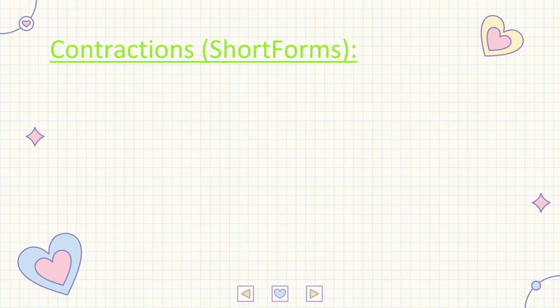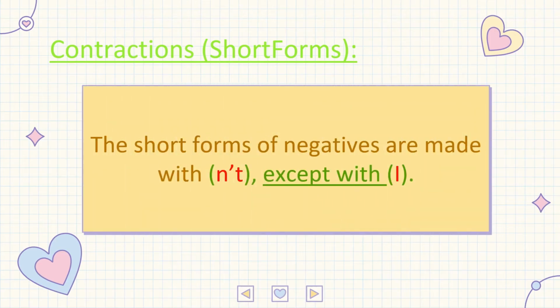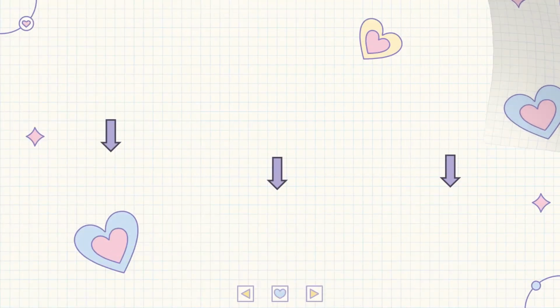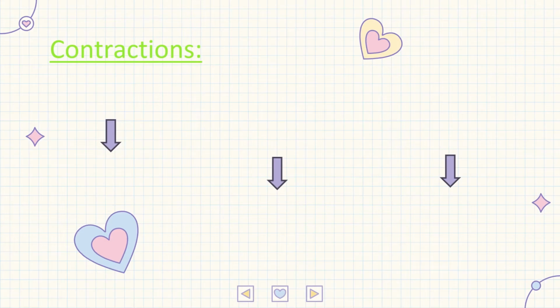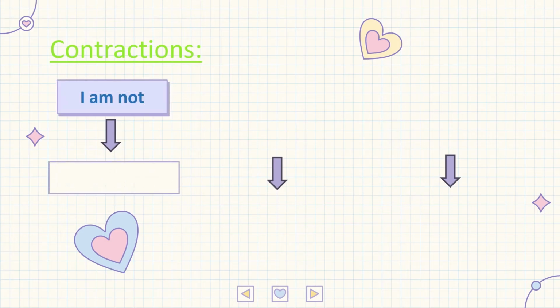Contractions or short forms. The short forms of negatives are made with an apostrophe T, except with I. So instead of saying I am not, you can say I'm not to speak faster.